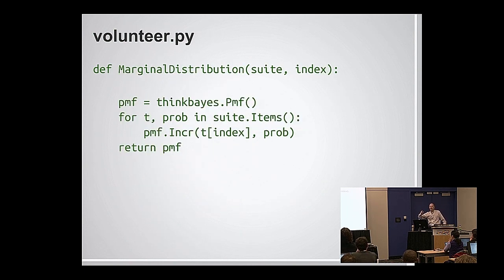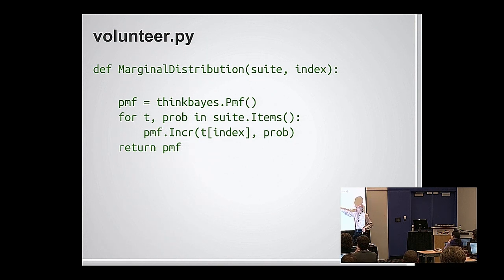The last piece of this that I do want to point out is what's called a marginal distribution. And this is saying if I have that grid that I mentioned for all the possible Q's and all the possible R's, I can loop through those values and I can pull out the distribution for Q and the distribution for R separately. And here's what that structure looks like. I'm going to loop through the items.